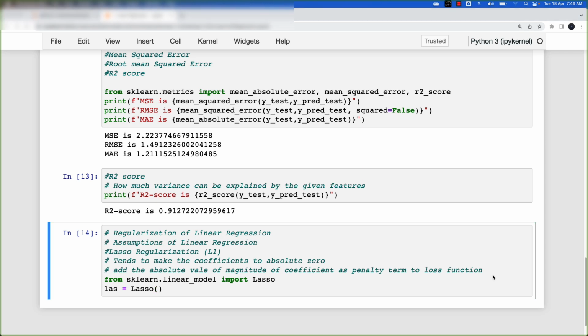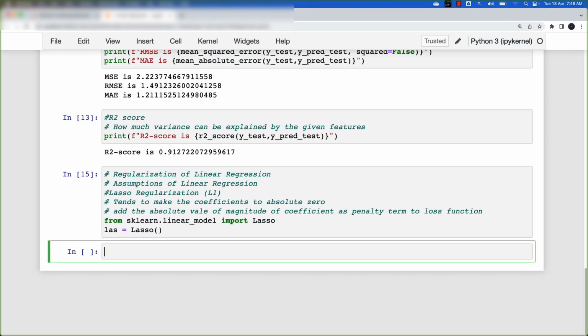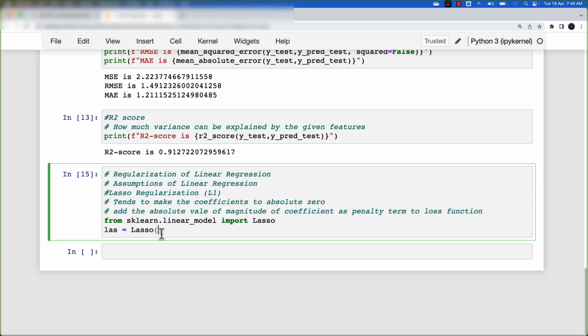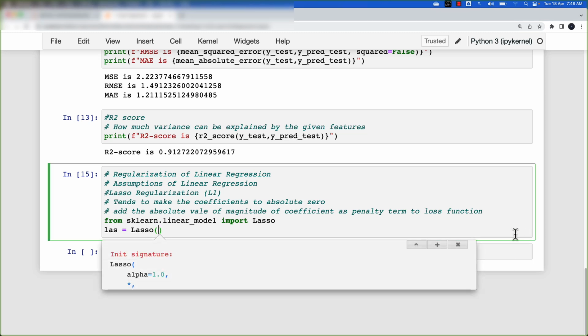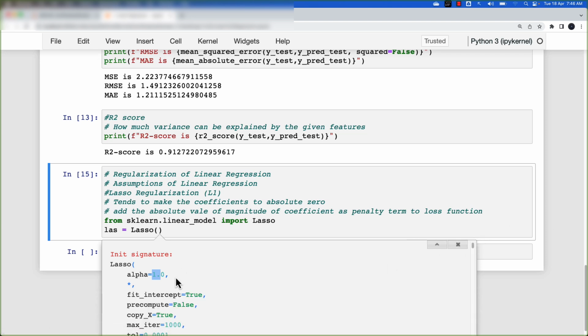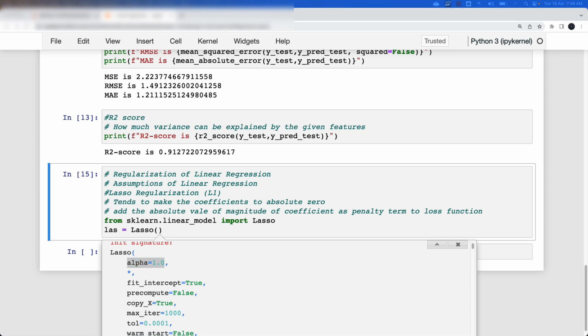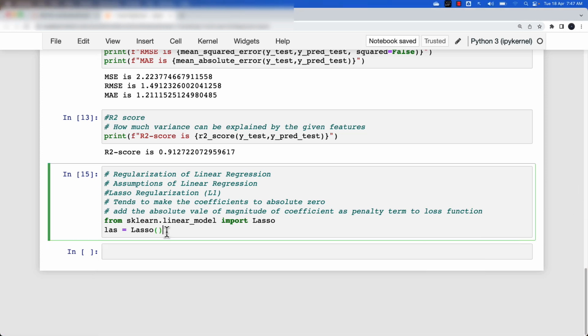There are various parameters in this lasso, so we can go ahead and check out the same. Here the value of alpha decides how much importance I have to give to the summation of the parameters. By default it is set as 1.